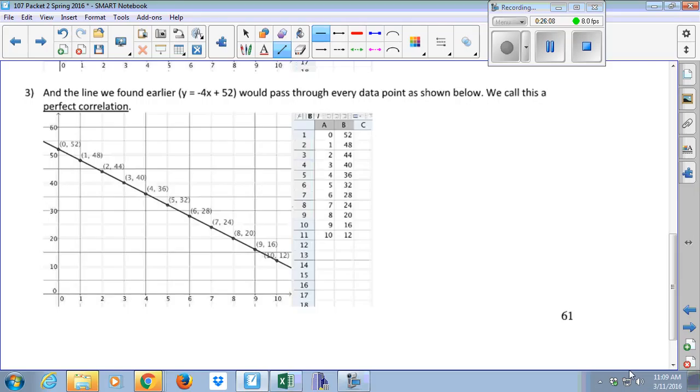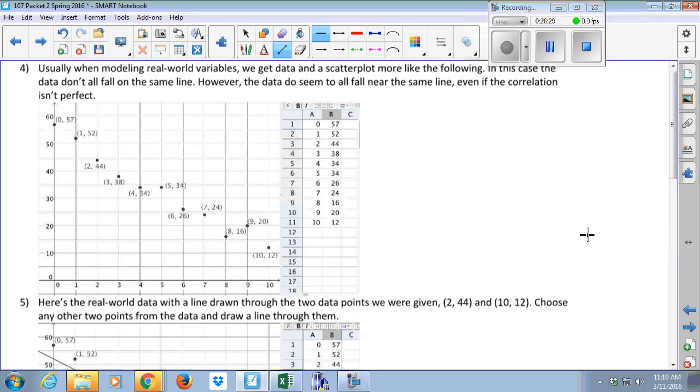Well, things don't line up perfectly in real life. We would really have data that would be scattered about this line. So one of the statistical plots that you look at when you put data into your calculator is called a scatter plot. A scatter plot would look more like this, number 4.